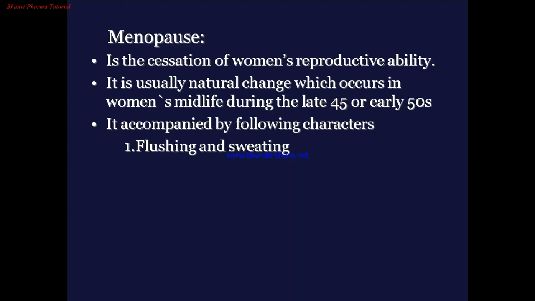Next, the last bit of the reproductive system, menopause. What is menopause? Menopause is the period which occurs between the ages of 45 to 50 years, marking the end of the child bearing period.